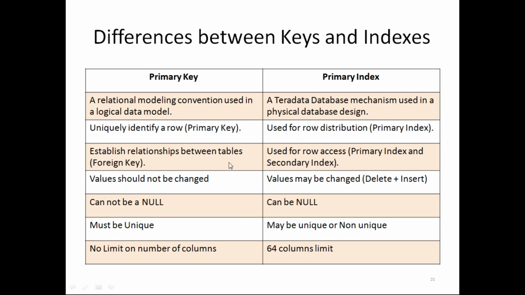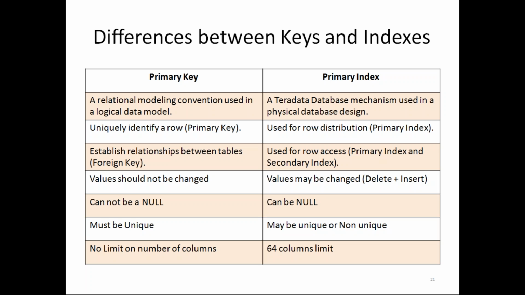This is a snapshot of the differences between a primary key and primary index. Primary key is a relational modeling concept where in the logical model we will mention the primary keys.